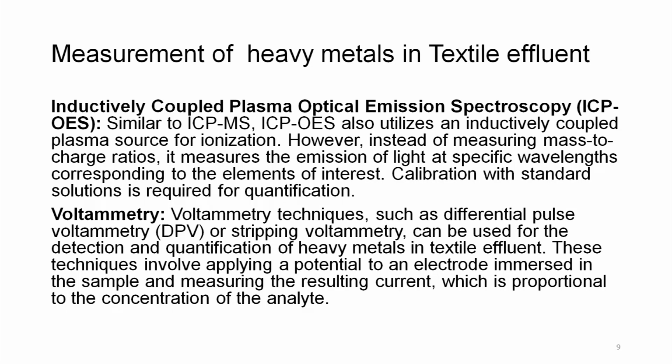These techniques involve applying a potential to an electrode immersed in the sample and measuring the resulting current, which is proportional to the concentration of the analyte. So, here it is by using a voltmeter that the current is measured and that is directly proportional to the analyte that is present in the medium.